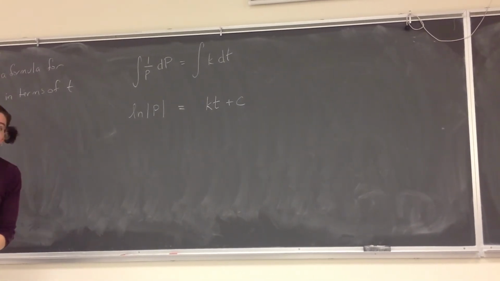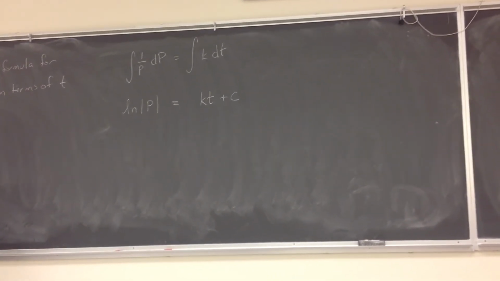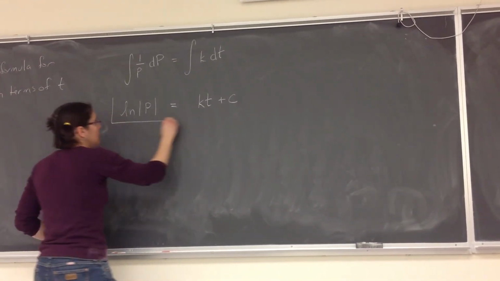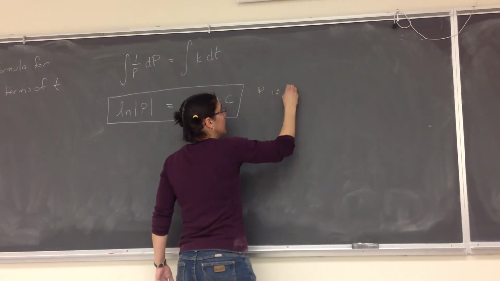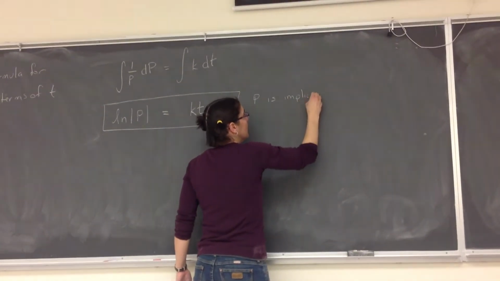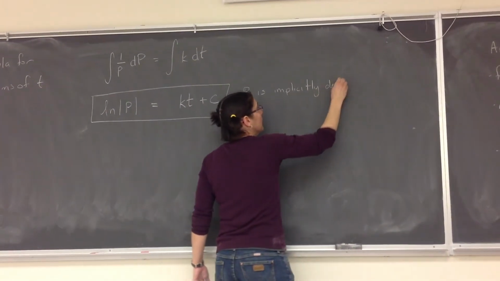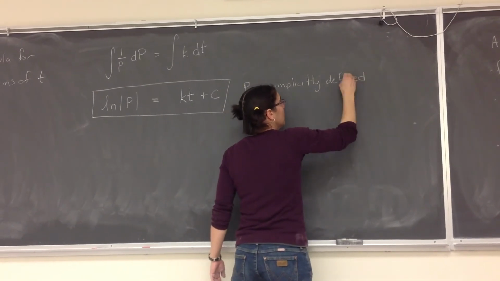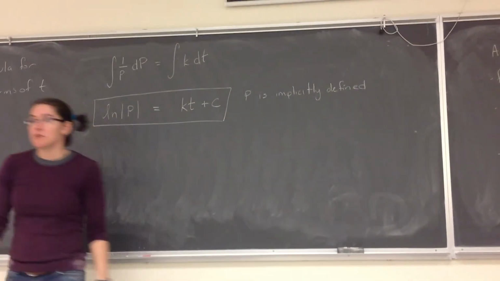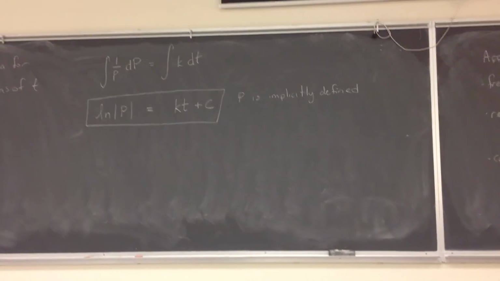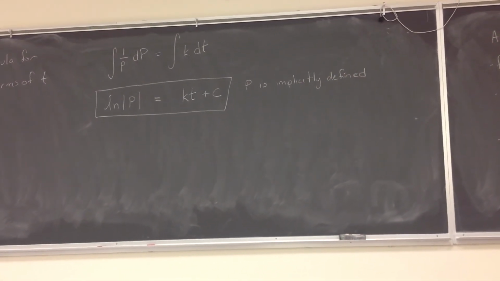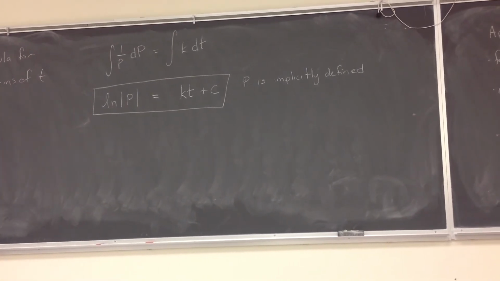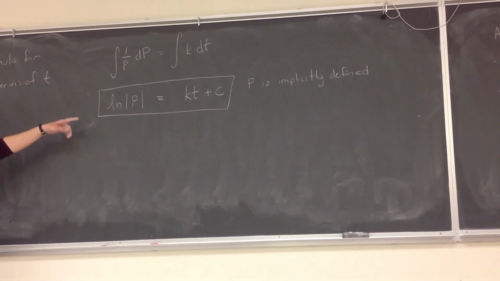So now we've got our equation, and right now we have a solution for P where P is implicitly defined. So this is where on the exam the instructions at the beginning would have said, if possible, solve for P. Okay, so here we go. If we want to solve for P, what do we need to do?